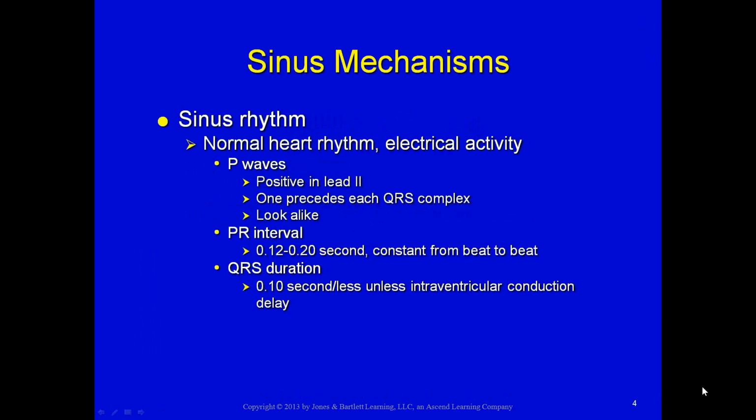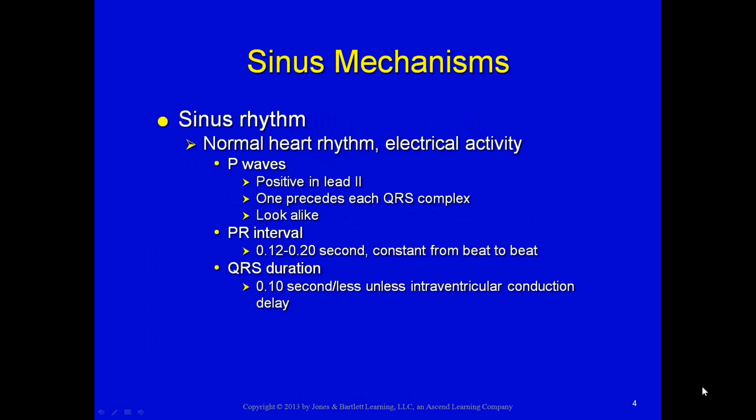If the QRS complex is wider than 3 small squares, then that's telling you there's a conduction delay through the ventricles. And that could be a bundle branch block, and that's typically what that is. A bundle branch block will cause that. Or the complex itself is originating in the ventricles rather than being generated from the SA node.